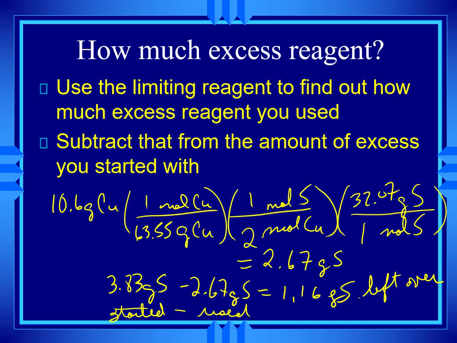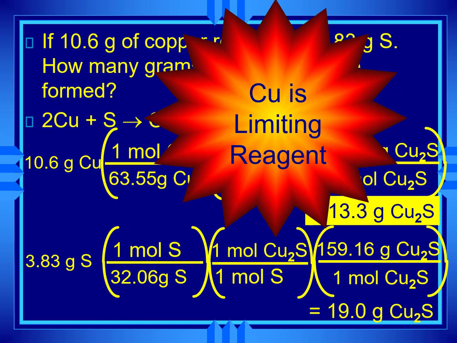Does that make sense? Because there was only one product, there was a different way to do this. Say, what do you mean there was a different way to do this? Okay. Well, I know that I made 13.3 grams of copper 1 sulfide, right?